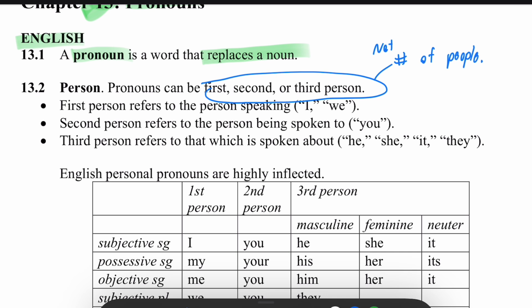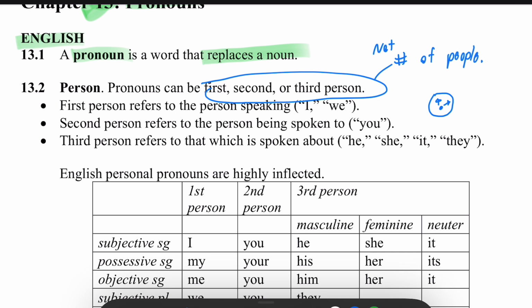It's talking about the vantage point: first person being either I or we, myself, kind of like the immediate sphere. And then second person would be the sphere immediately connected to that person, of you. Like if I or we are addressing you, that is second person.